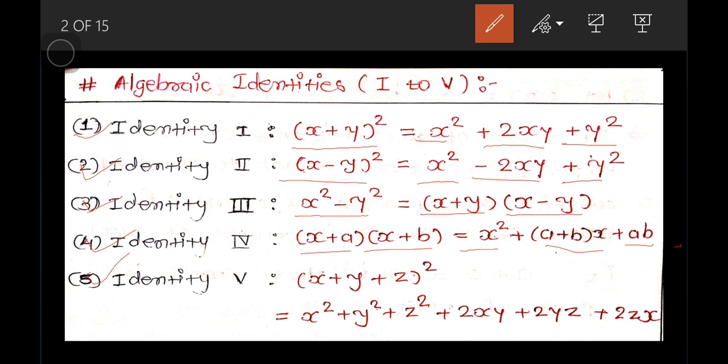So in this lecture we remember these 5 identities as given here. Let us use these algebraic identities to solve some examples. So let us understand with examples.